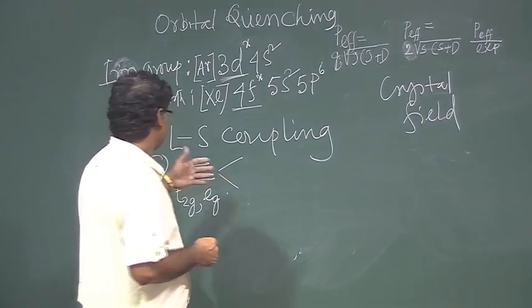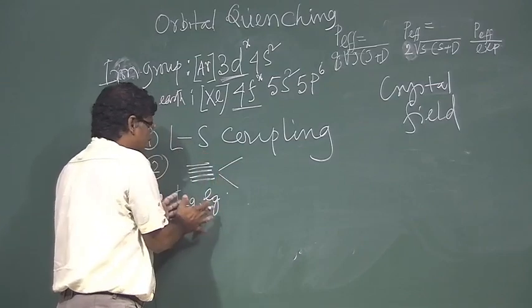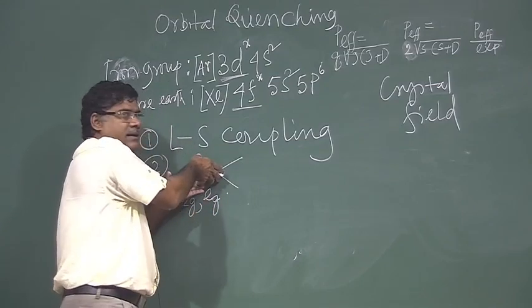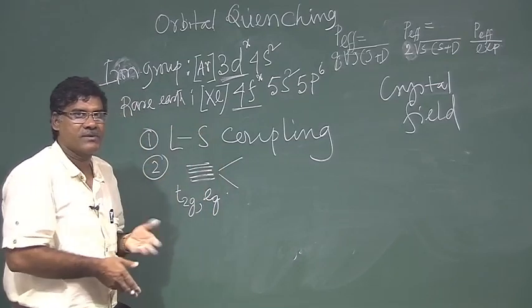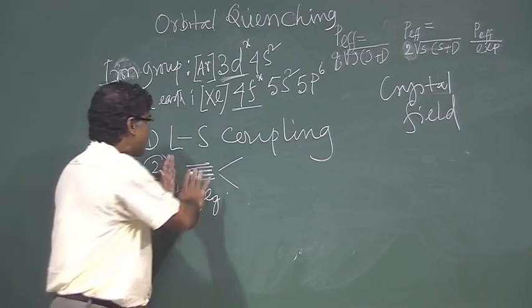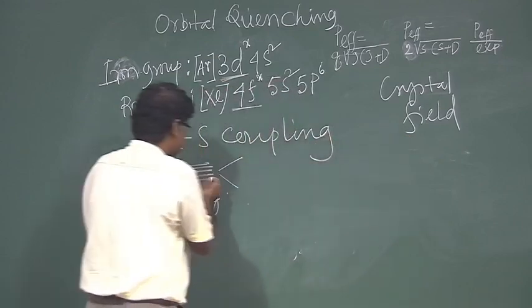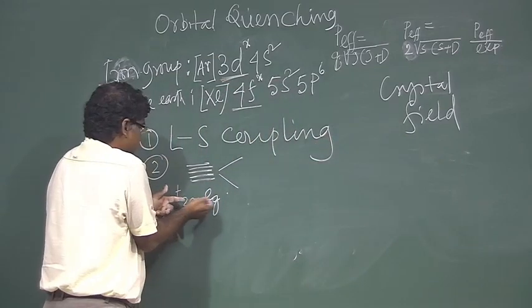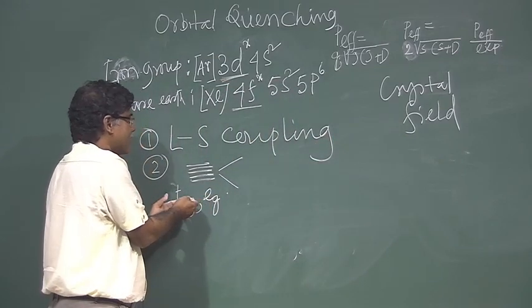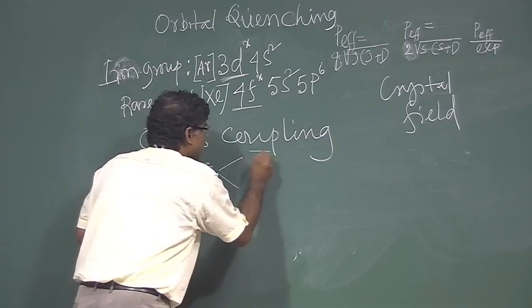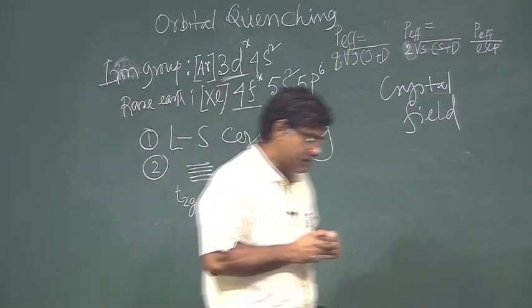So, if we apply a magnetic field, they are split, that we know, Zeeman splitting, right. Without applying a magnetic field, due to the crystal field, these two types are separated. Okay.